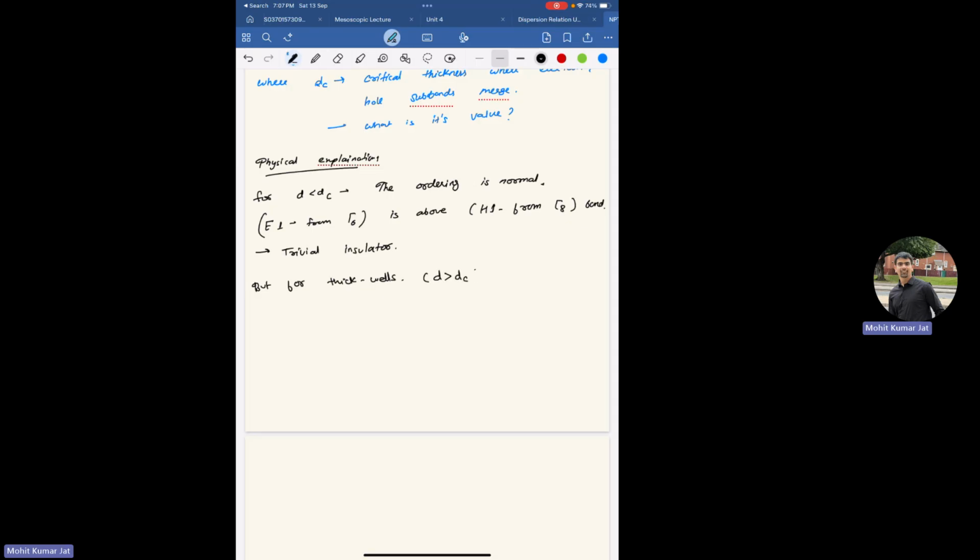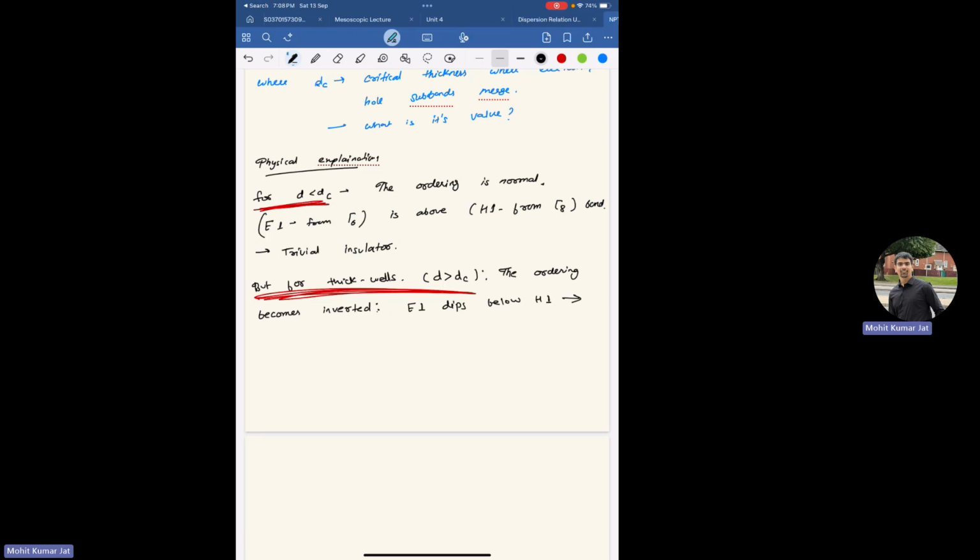For thick wells, D greater than DC, the order becomes inverted. The ordering becomes inverted, E1 even dips below H1, what we call the band inversion.